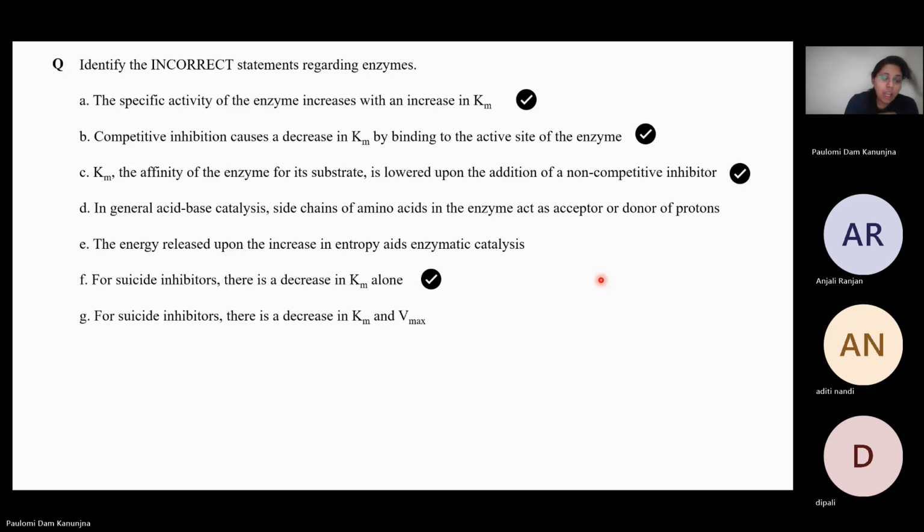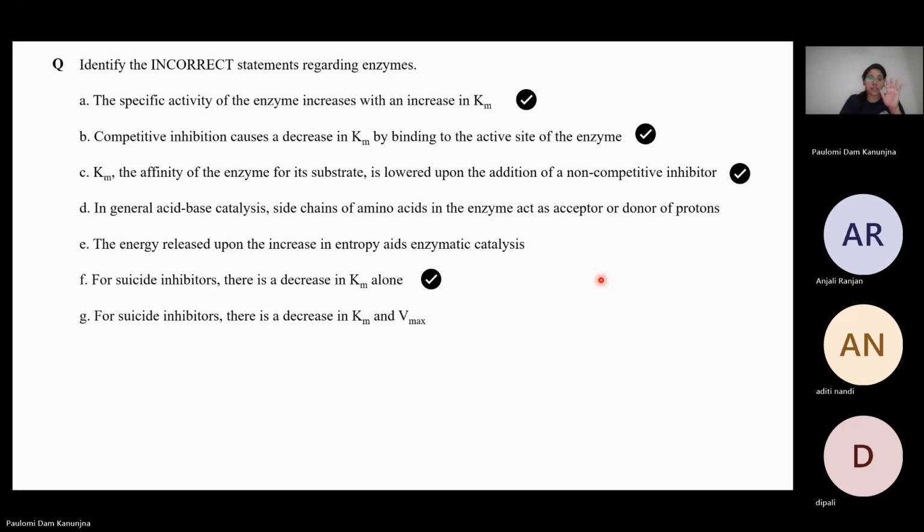So if there is an increase in Km, it means there is low substrate affinity, which means it requires more substrate to reach optimal activity. So your specific activity, which is also a measure of the efficiency of the enzyme, is also decreasing, because when your Km is increasing, you need more substrate to reach your Vmax.